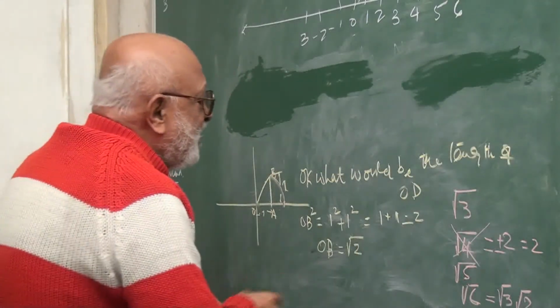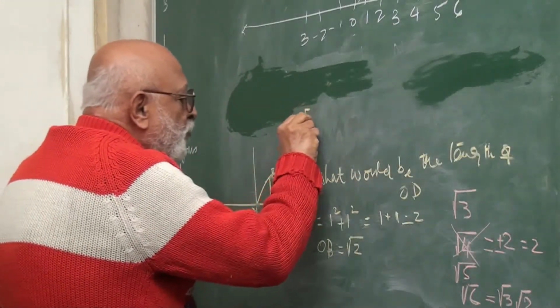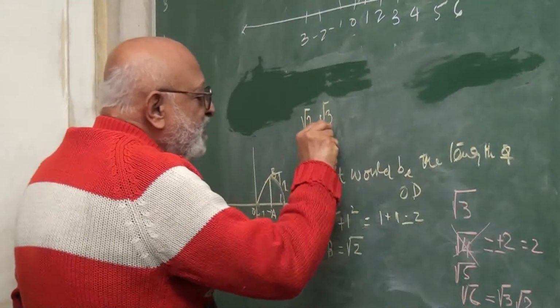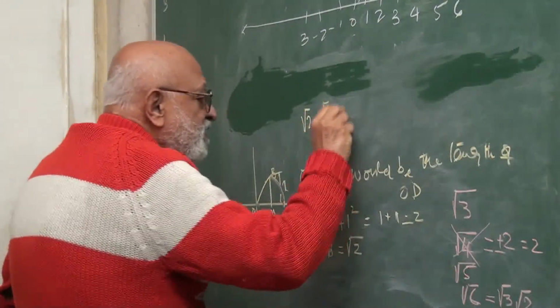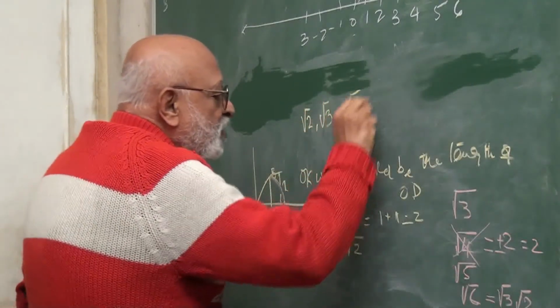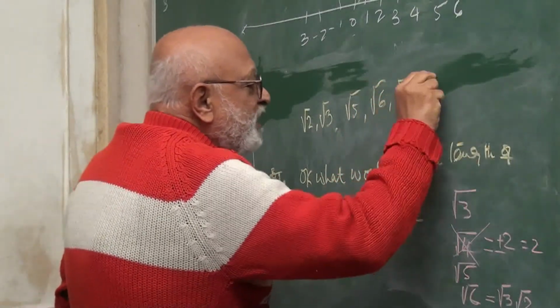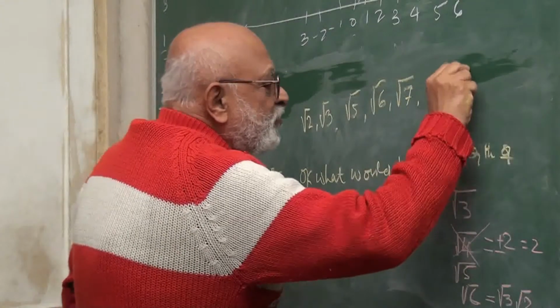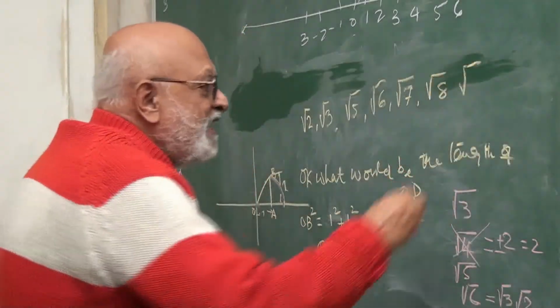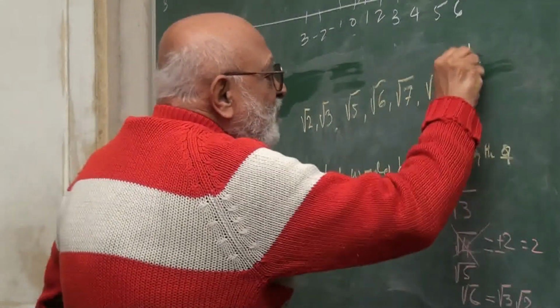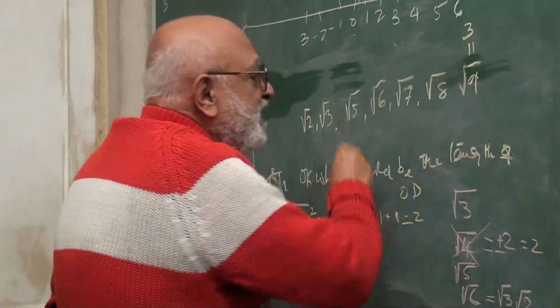If I keep on writing root 2, root 3, no root 4, but root 5, root 6, root 7, root 8, but not root 9, because root 9 is equal to 3, just like here.